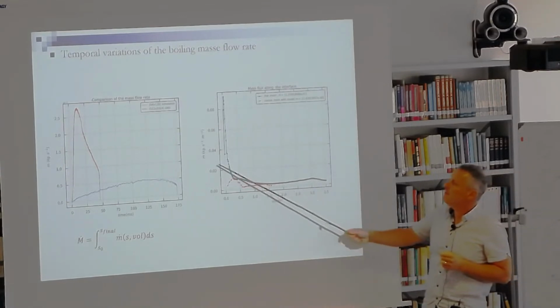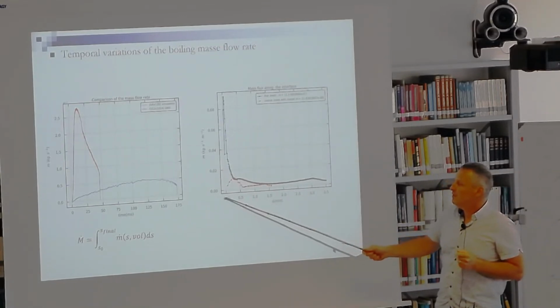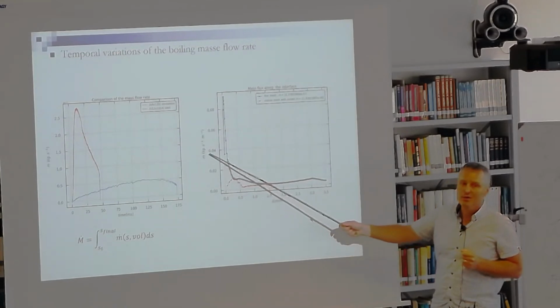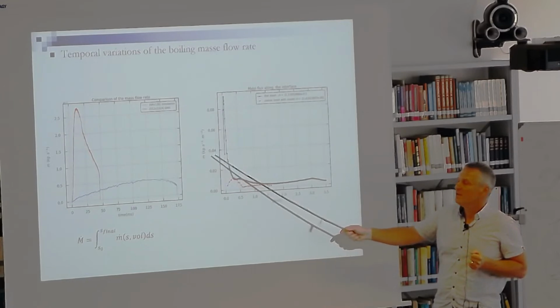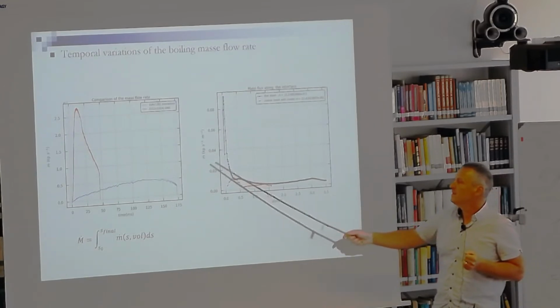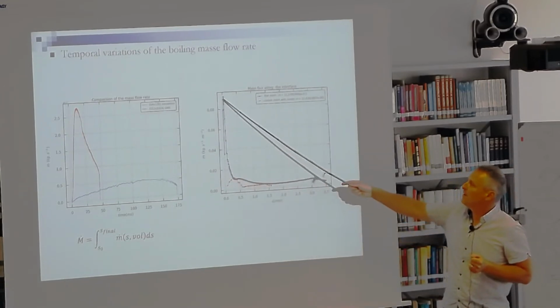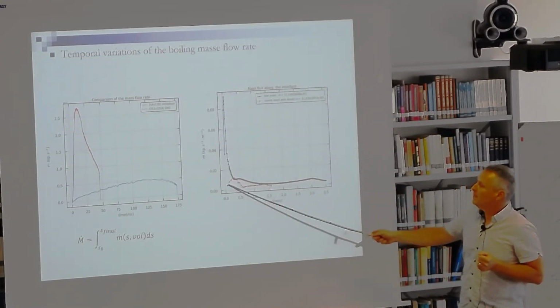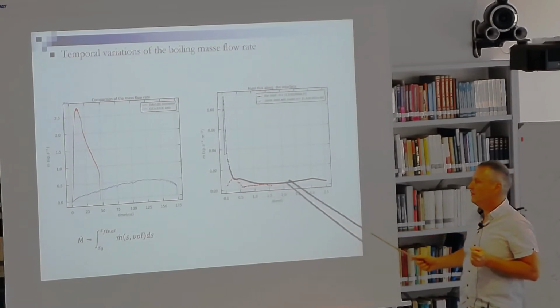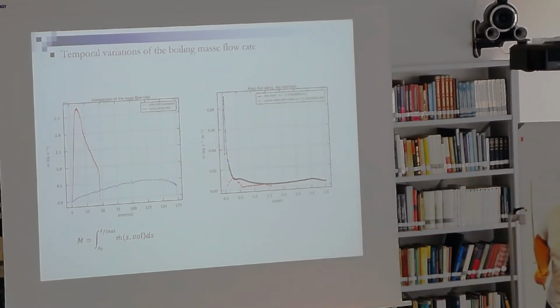And it is the same for the curvilinear distribution of the mass flow rate at a given time. For the fine mesh, we have a peak here and a higher value here, but for the coarse grid, it is still strongly underestimated.